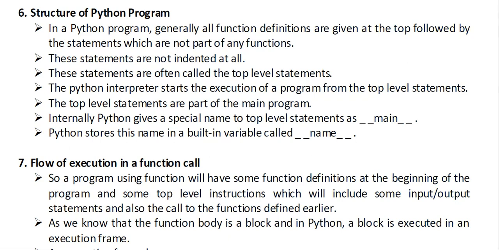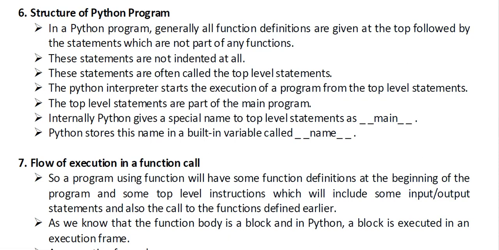The next thing is the structure of a Python program. In a Python program, generally all the function definitions are given at the top. That means at the beginning of the program you define all the functions that you are going to use.